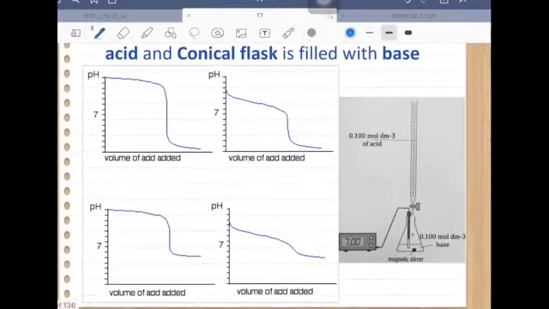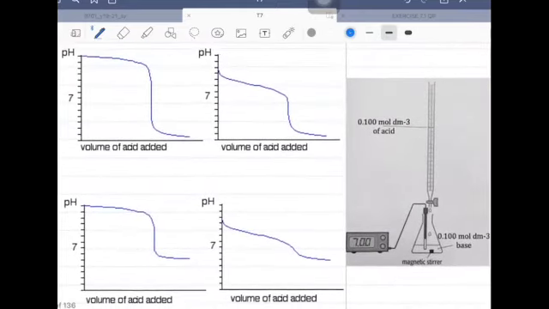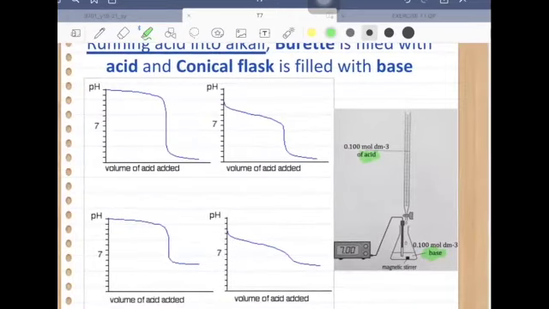Next is showing you if I had a base in the conical flask and acid in the burette. Okay, so just to go through this roughly. Oh, it's not labeled. Great, then this is great. So I want you to label them, which is which.